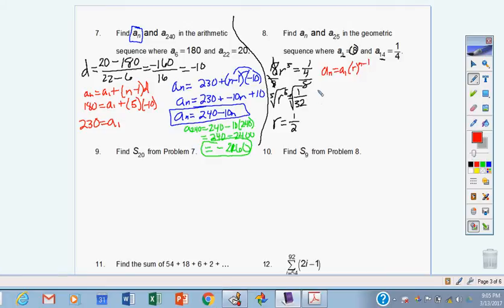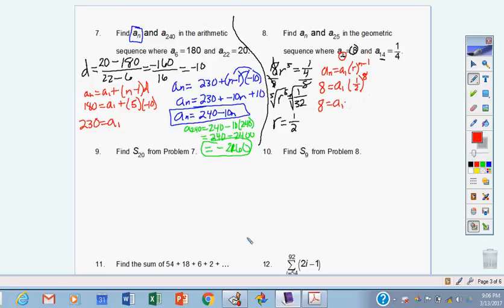I'm going to use this 8 here, using the 8 I have just established, that n value, to say 9. So now I have equals my first term times my r, which is 1/2, raised to the 9. Remember, 9 minus 1, which is an 8 right there. Okay, so 8 is equal to my first term times, what is 2 to the 8th power?